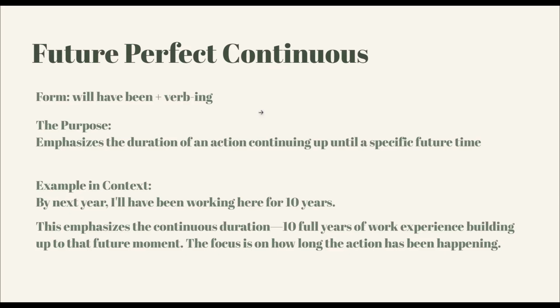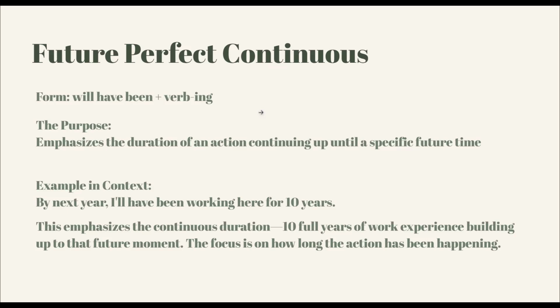And your mom could give this response to you. When you arrive, she will have been waiting for 2 hours, which means that you're 2 hours late and she has waited 2 hours for you to arrive.